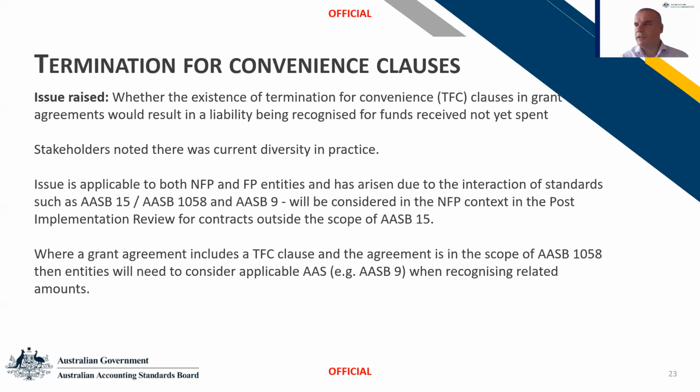I think this is one of the areas that will be considered as a PIR, because it talks to the boundary between 1058 and other standards, and whether there are clauses in agreements that give rise to particular assets or liabilities in the scope of other standards, for example, in this case, AASB 9 or AASB 132 or something else.